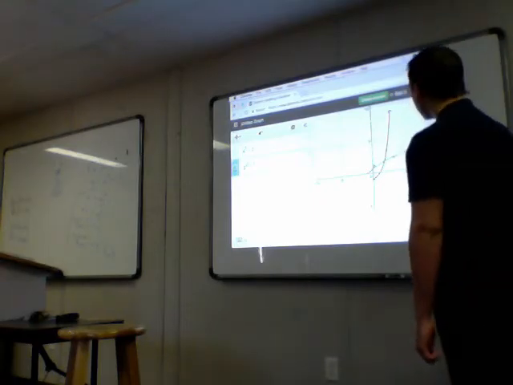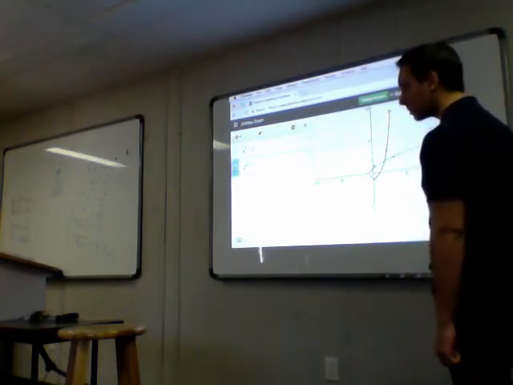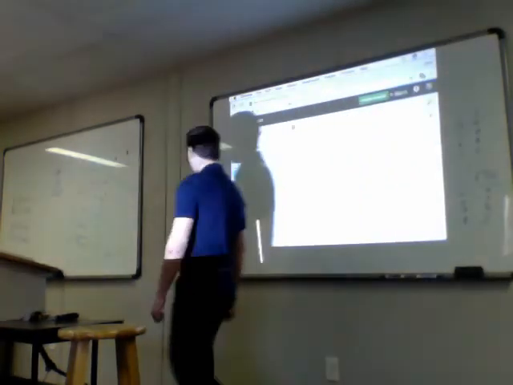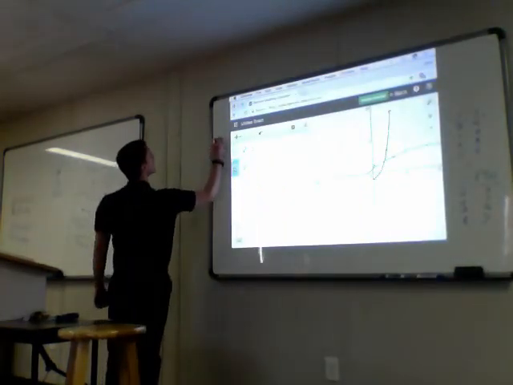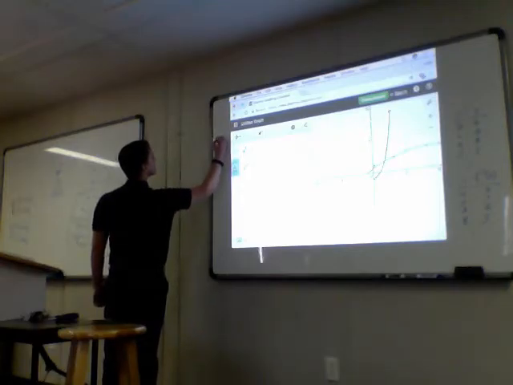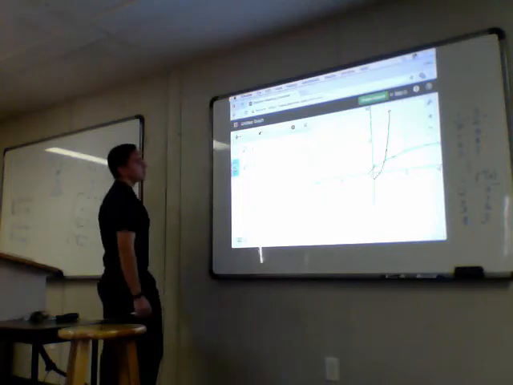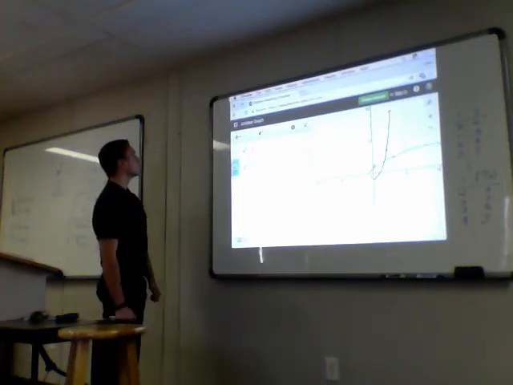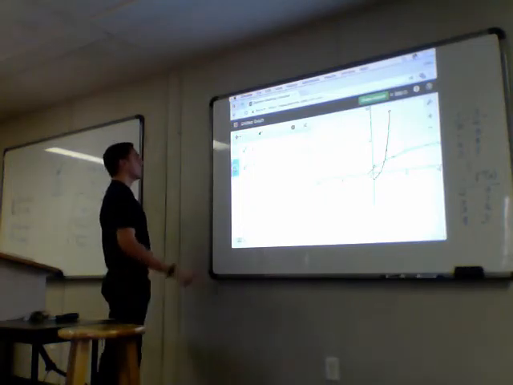Let's make a chart. How about on the left side there? Let's do x and f of x. And let's just throw some numbers in, okay? So, can we let x equal 0? Yes. What do we get? We get 3 to the first power.